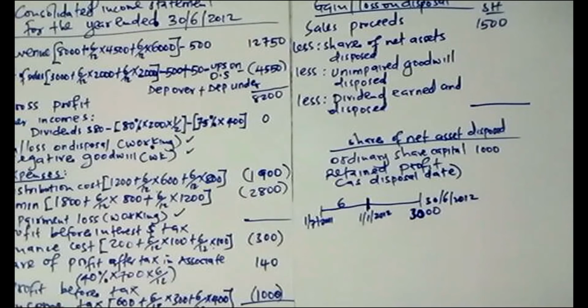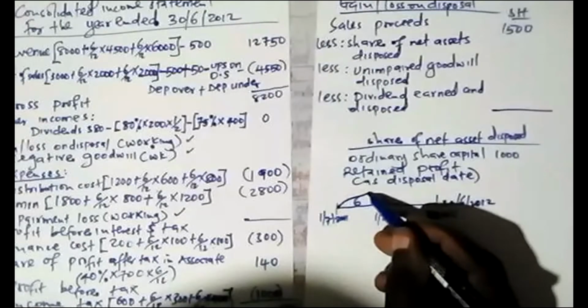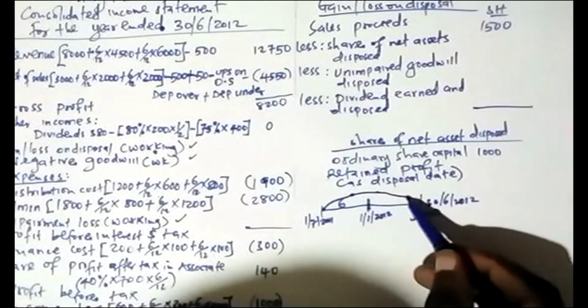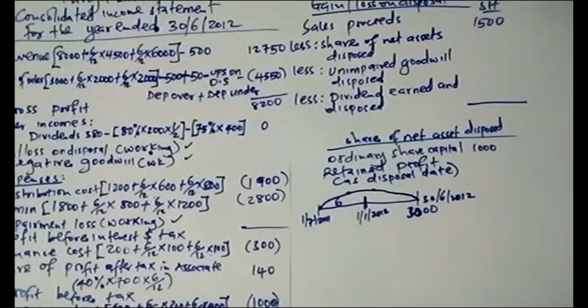But now we need as at 1st January, of which we know that the profit for the year from the income statement, that is profit after tax, is a certain figure there. So that is the one we consider.